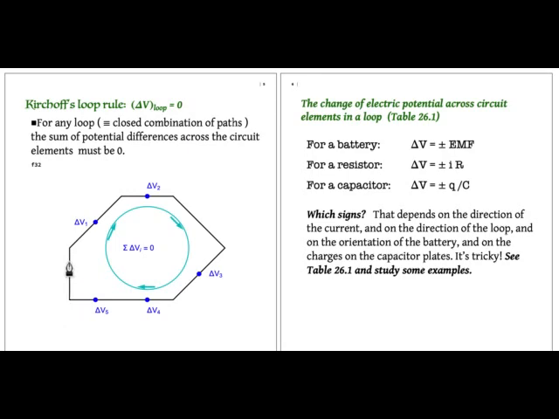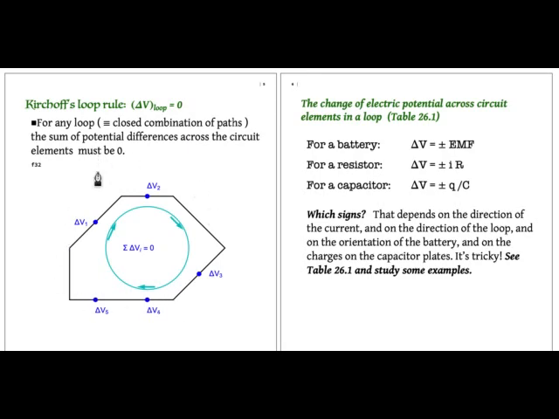Now, some parts of the path may just be ideal wires. Some parts of the path may have circuit elements. Some parts may even have more than one circuit element. So I've drawn this as if there were 5 circuit elements around this path. We call it a loop.